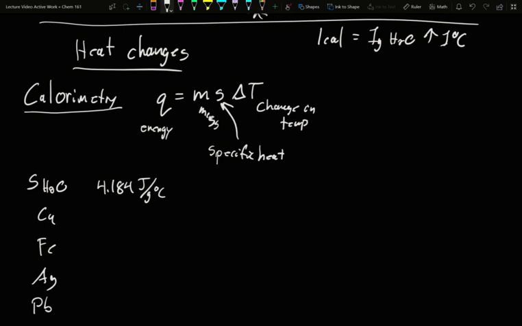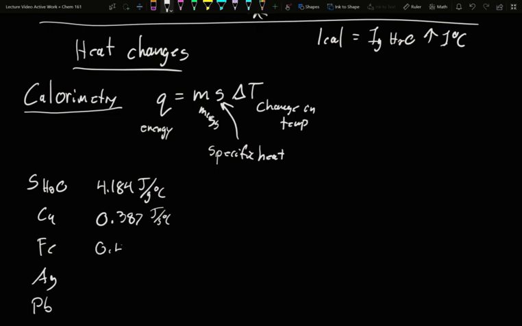So we have water versus a series of metals. Well, if you ever had copper cookware, they get hot real fast. Part of the reason why is that it takes 0.387 joules per gram degrees Celsius for copper to heat up. Less than a tenth. It just takes significantly less energy to get copper hotter.